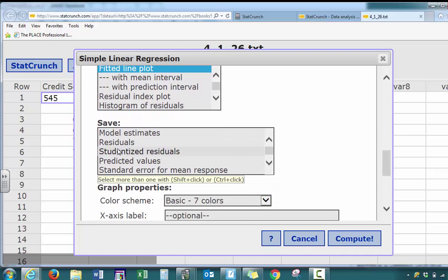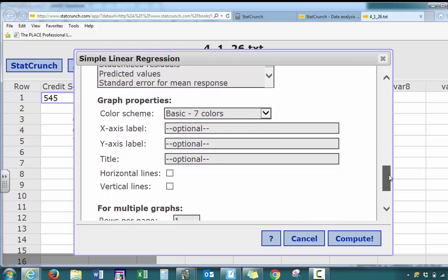We can select our residuals as well. And at the very bottom, our graph, we can create our scatter plot. So our x-axis would be our credit score. Our y-axis label would be our interest rate, and our title would be credit score versus interest rate.